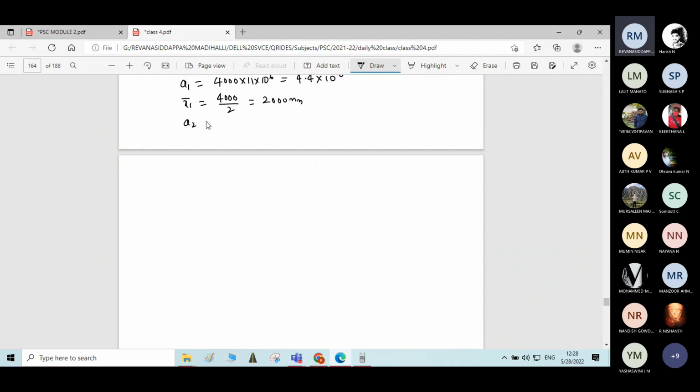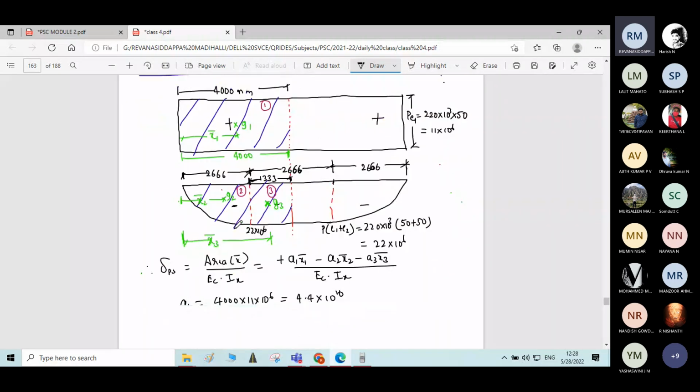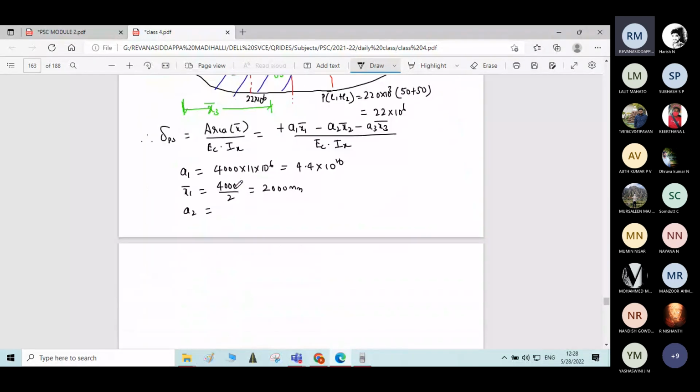Then A2 is the area of this parabola. What is the formula for the area of a parabola? It is 2/3 of base into height. The base width of the parabola is 2666, and its height is 22 into 10 power 6. The answer is 3.91 into 10 power 10.